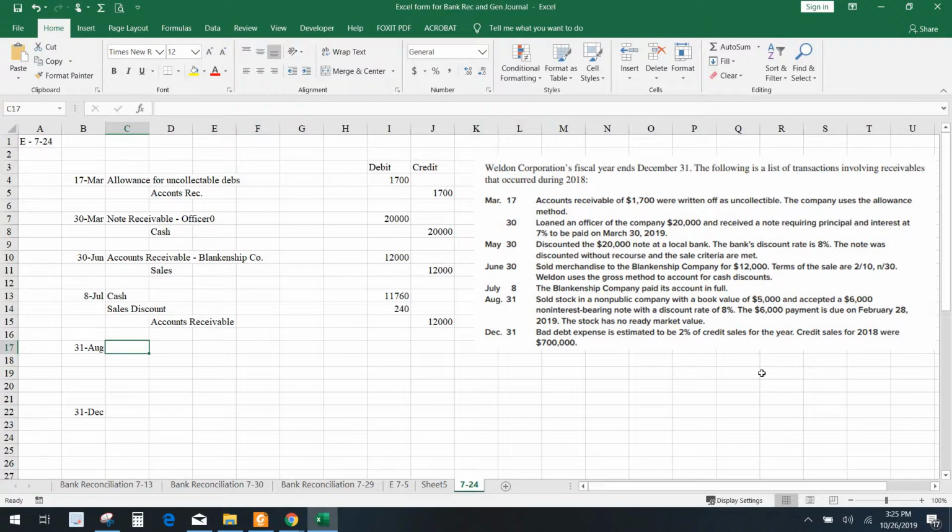First we have to figure out what was the investment in the stock. So the debit is in investment was 5,000.